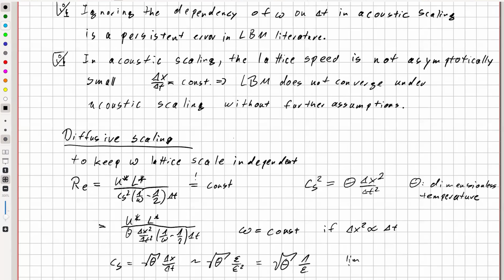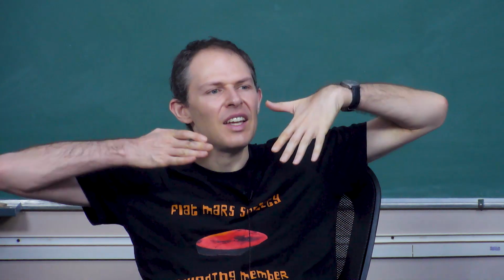And in the limit for epsilon going to 0, cs goes to infinity. So this means by this scaling we send the speed of sound to infinity. When we send the speed of sound to infinity, we send the Mach number to 0. Now we are approximating the flow at Mach number 0. And when we approximate it at Mach number 0, we actually solve the incompressible Navier-Stokes equation. Yeah?